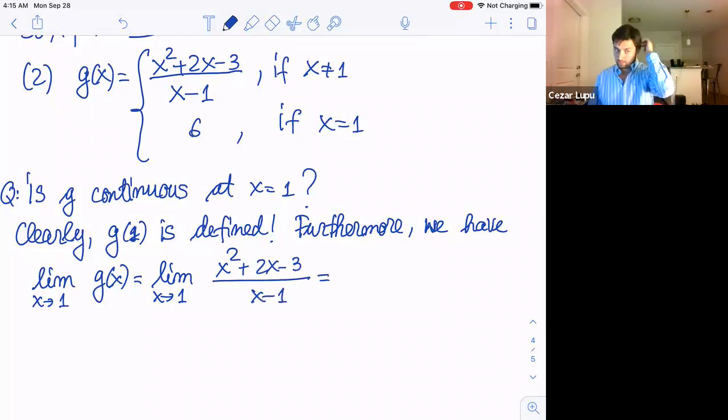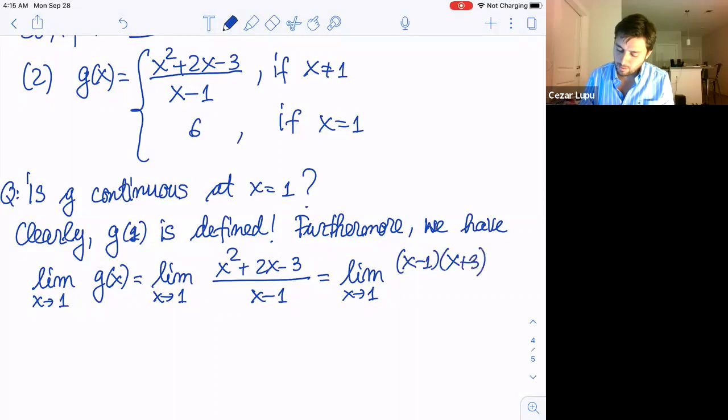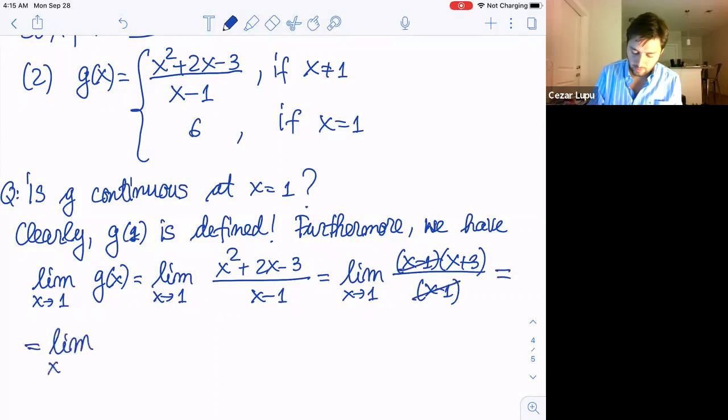Again, this is an indeterminate 0 over 0, so we can factor the numerator. This is the limit as x approaches 1 of x minus 1 times x plus 3, everything over x minus 1, which is just the limit as x approaches 1 of x plus 3, and this gives us 4.